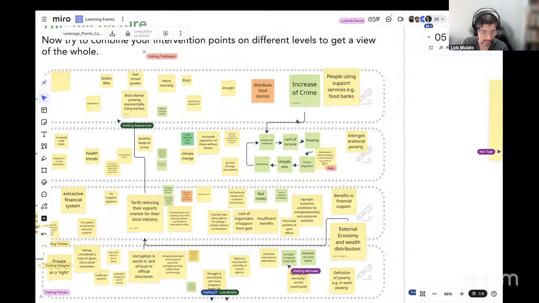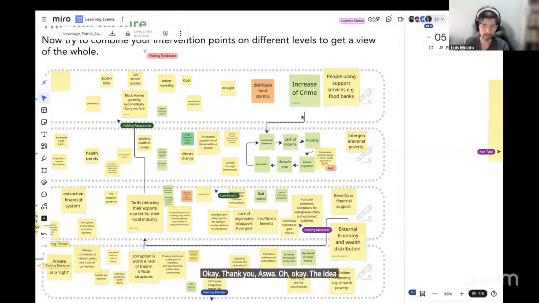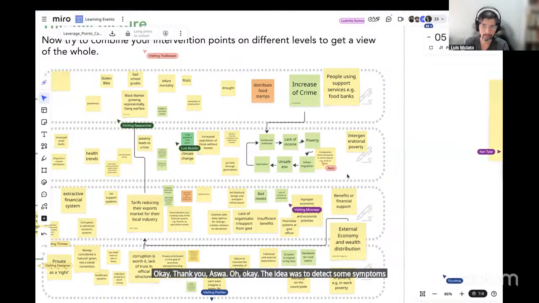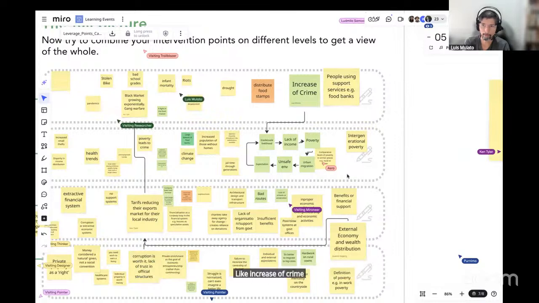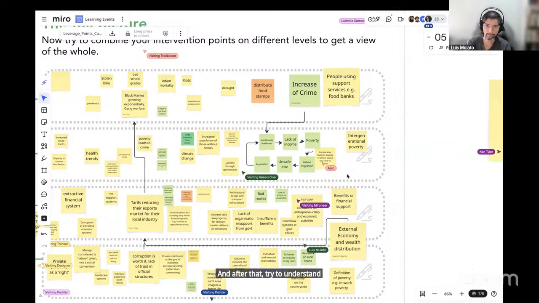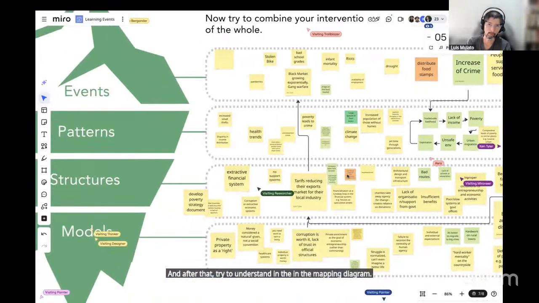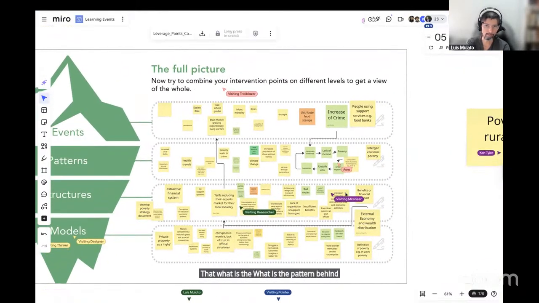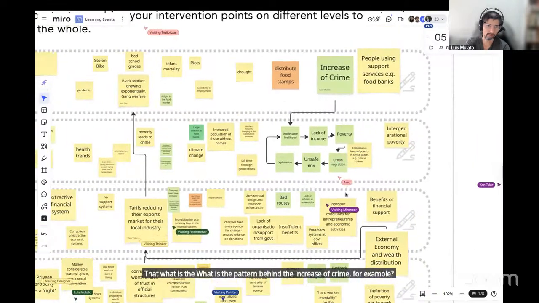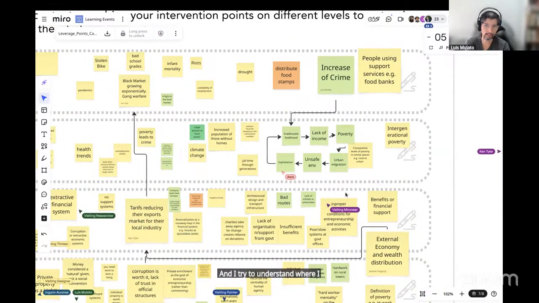Okay, thank you, Ashpa. The idea was to detect some symptoms that we can observe, like increase of crime in rural towns, and after that, try to understand in the mapping diagram what is the pattern behind the increase of crime. I try to understand where I can find a cycle.